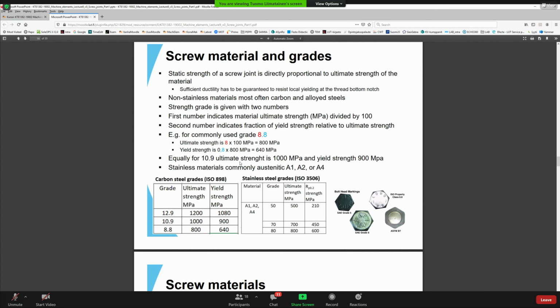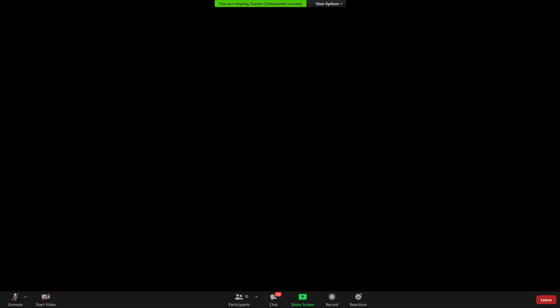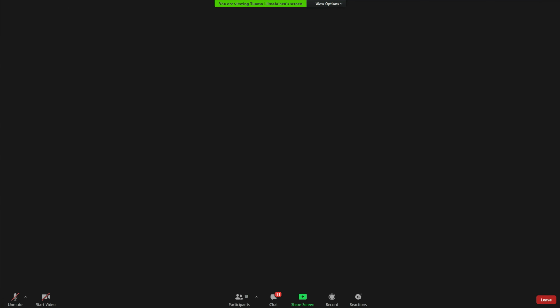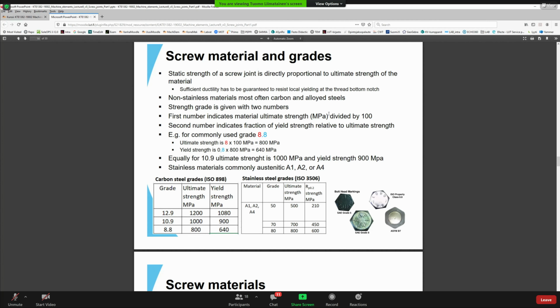Usually, the screws are made of carbon steels or somewhat alloyed steels, and the strength grade of the bolt is given with 2 numbers. The grade designation is built in a way that the first number indicates the material's ultimate strength divided by 100. For example, you can see a bolt head with 8.8 stamped on it.